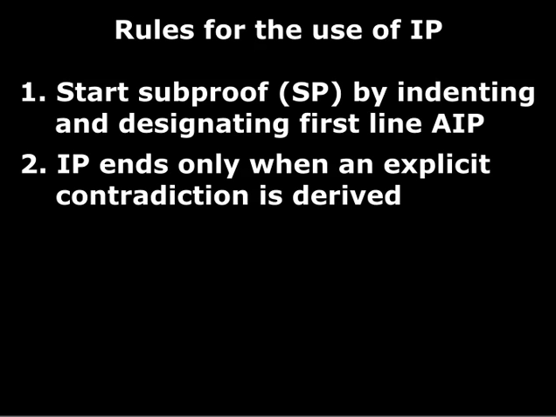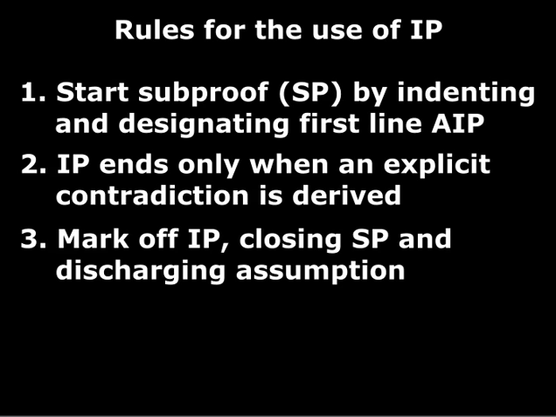Doesn't matter. But if it's not an explicit contradiction, it's going to be wrong and you're going to lose points, right? If you just derive the statement Q and decide to end your indirect proof there, that's wrong, because Q by itself is not an explicit contradiction. So this is a difference between IP and CP.